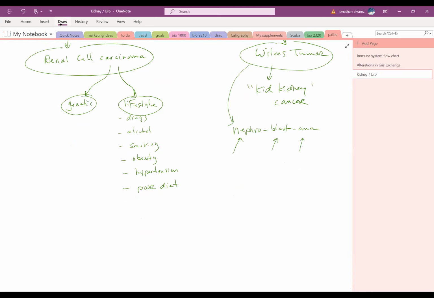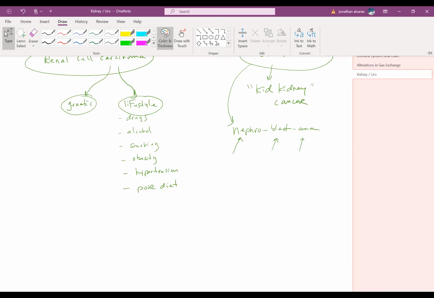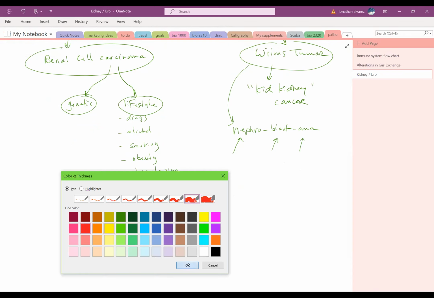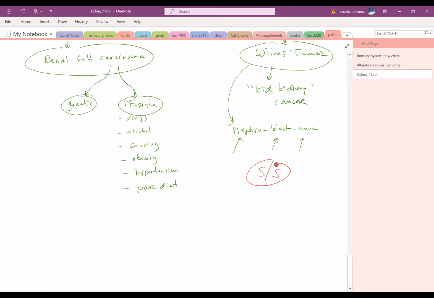Okay, so the signs and symptoms for this: the kid will have abdominal pain and hypertension.